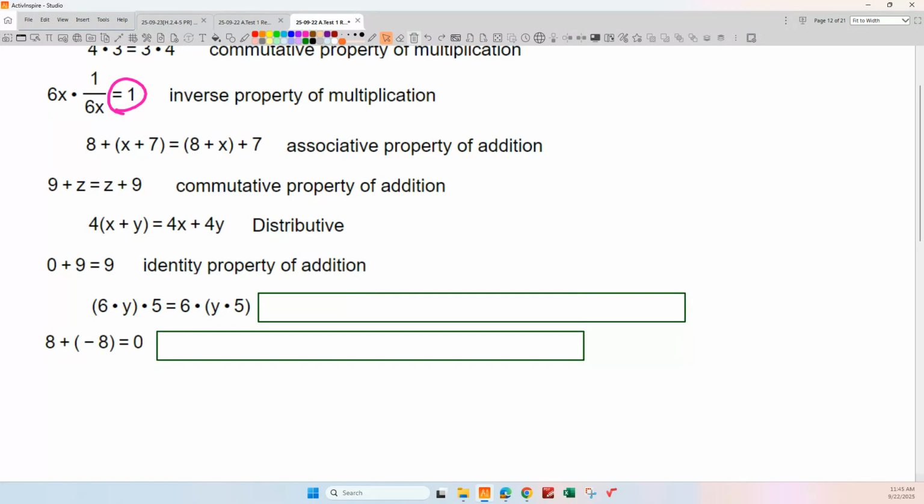Okay, look at that next one. The quantity 6 times y times 5 equals 6 times the quantity y times 5. What do you think? How about that one? Garion, what do you think that one is? Associative property of multiplication. I agree with you.